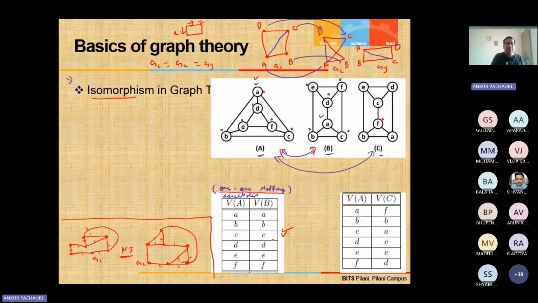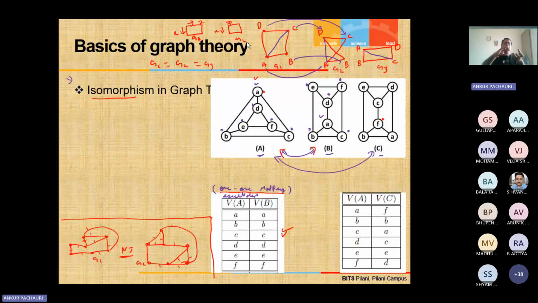One way is you have an adjacency matrix of G1, you have an adjacency matrix of G2, you perform row and column transformations. Okay, so you make changes like, we can say, a Rubik's cube.